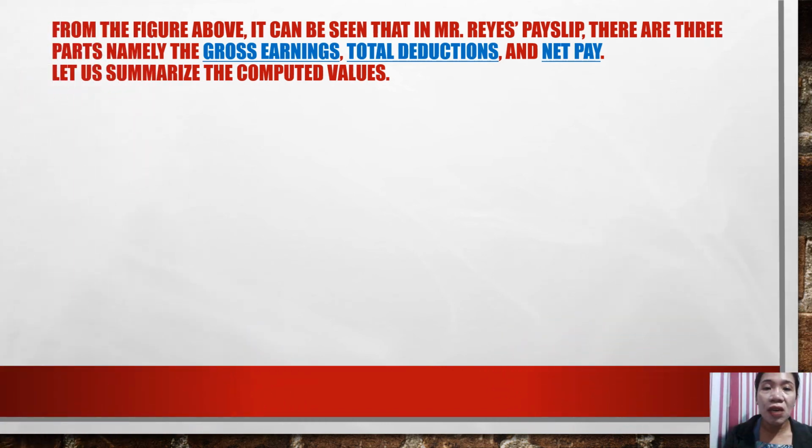So from the figure above in Mr. Reyes' payslip, it can be noticed that the words gross earnings, deductions, and net pay appear. When we say gross earnings, it is the amount gained by the worker without any deduction.